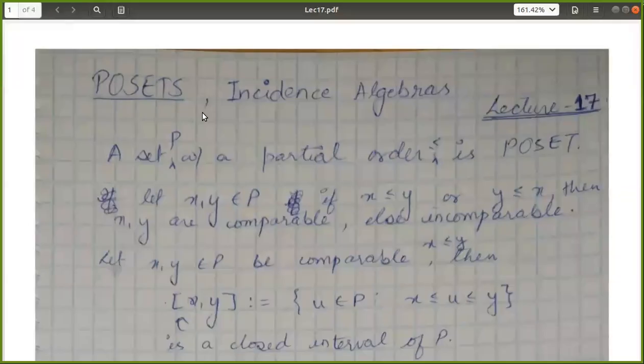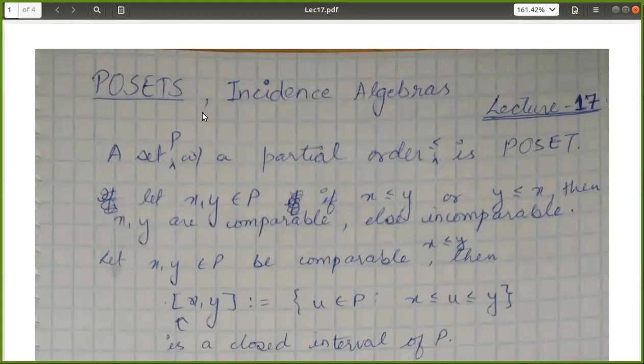So we'll start with a very small recap of POSets, and only the things which we would need for the current setup, and we'll keep proceeding. All right. Okay, ma'am. So is my screen visible now?